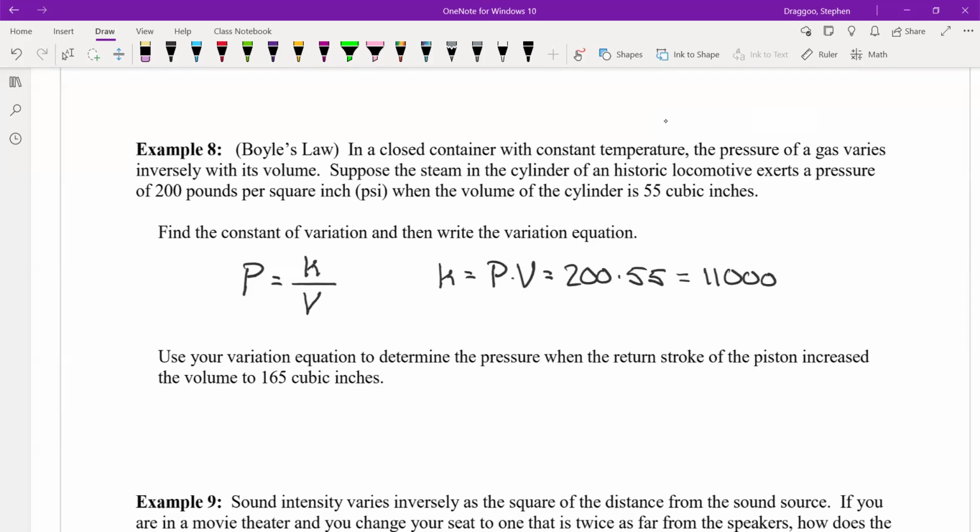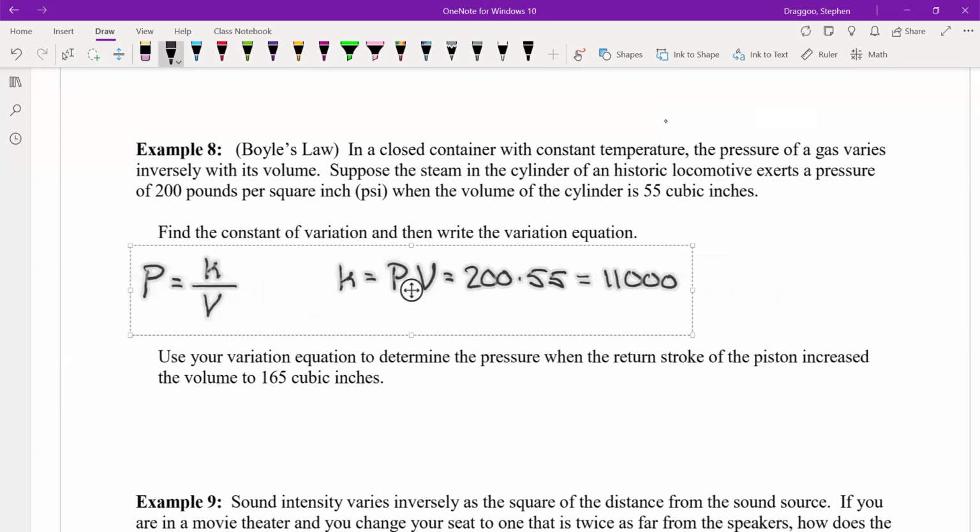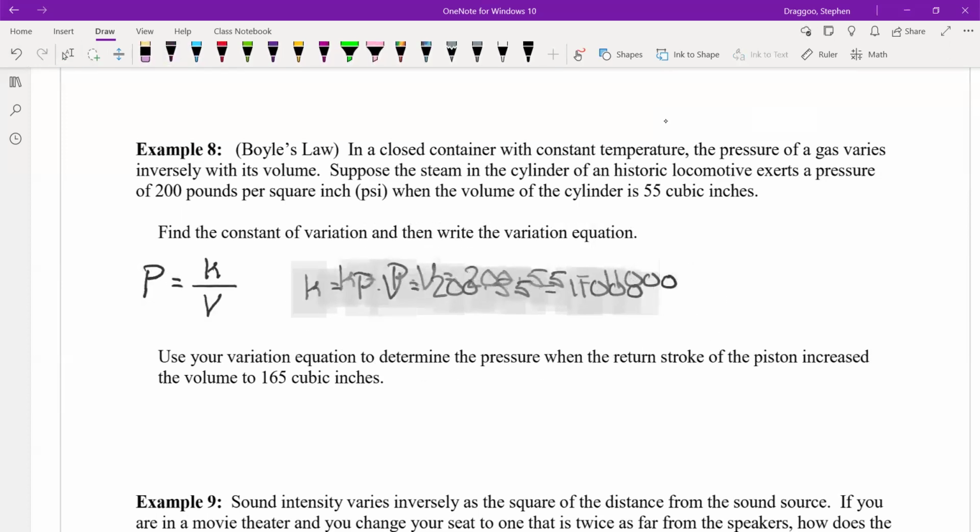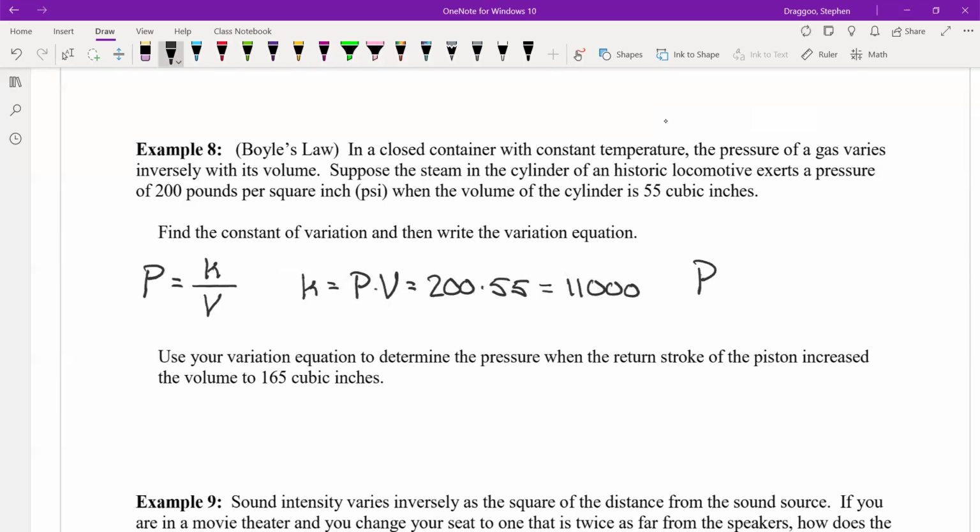Yeah, that looks about right. So that means if I wanted to rewrite the equation, I could say that the pressure is equal to 11,000 over the volume.